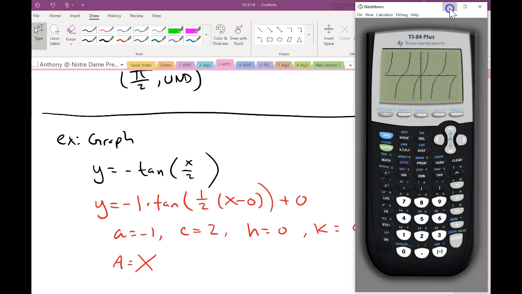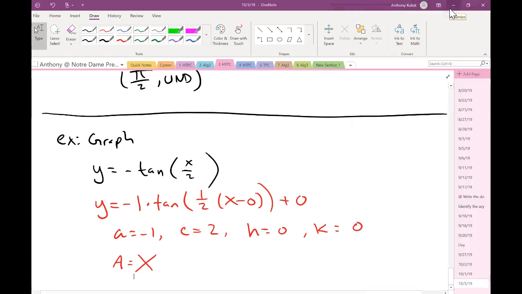Because there is no global maximum. My period, though, is going to be pi times the absolute value of c, or 2 pi. My midline is y equals k, so that's y equals 0. And then my frequency is 1 over the period.